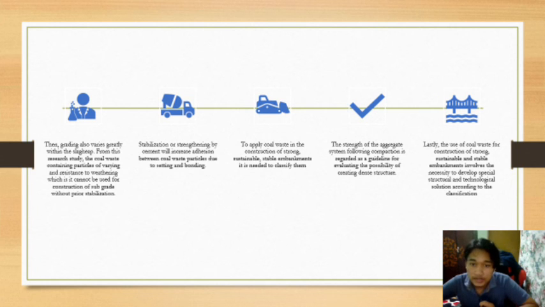The strength of the aggregate system following compaction is regarded as a guideline for evaluating the possibility of creating a dense structure. And lastly, the use of coal waste for construction of strong, sustainable and stable embankments involves the necessity to develop special structural and technological solutions according to classifications.